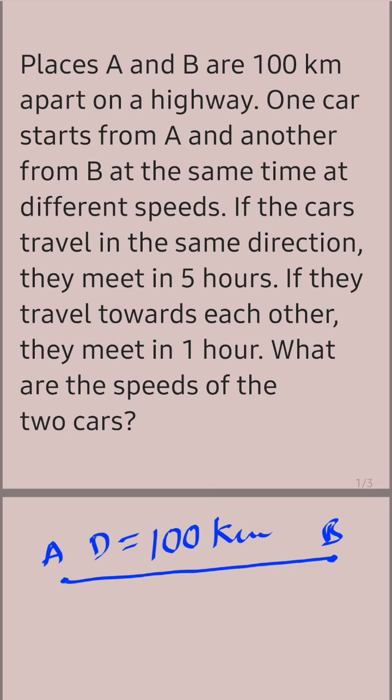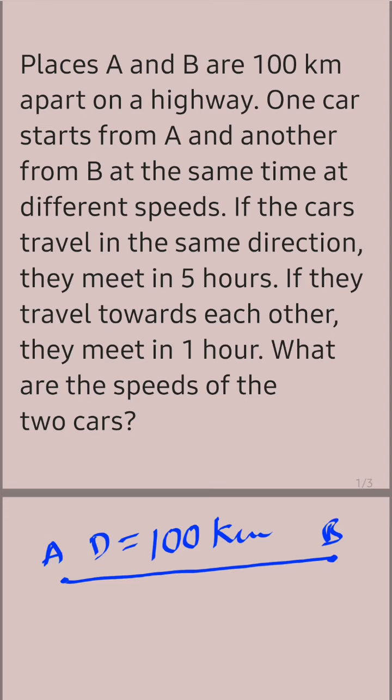That is very important. And the second thing is, if the cars travel in the same direction, here two things we have to observe. When the cars start from different places, there are two situations. One is traveling to the same side.